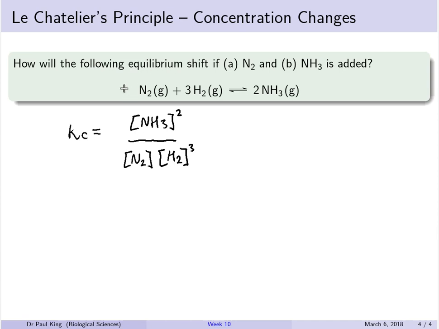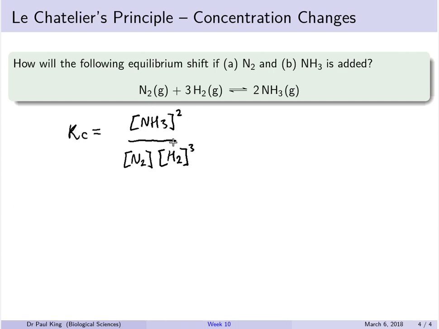And so if we were to add some nitrogen to this equilibrium reaction mixture, what would happen? Well, if we added more nitrogen, that means the concentration of nitrogen would increase, and so this ratio of concentrations would decrease below its Kc value.